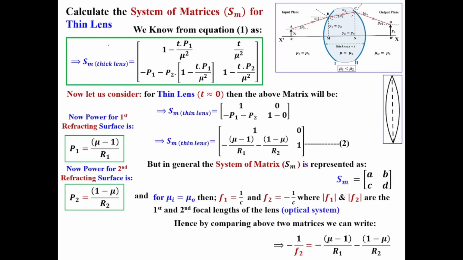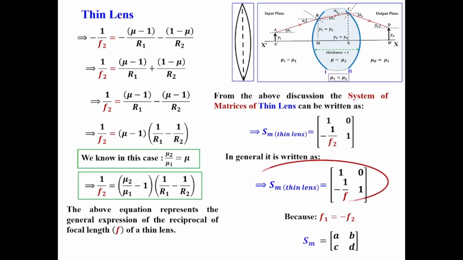This is the system matrix of the thick lens. Just work out roughly the determinant of this matrix, this into this minus this term into this one, and you will find the determinant is also equal to 1. Okay, so here I'm going to stop this class.